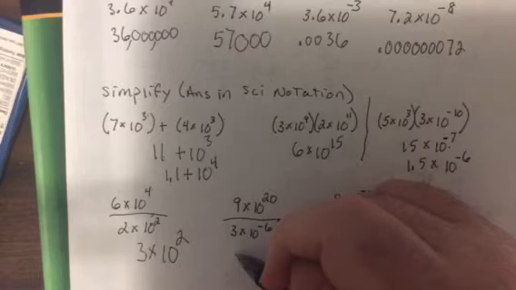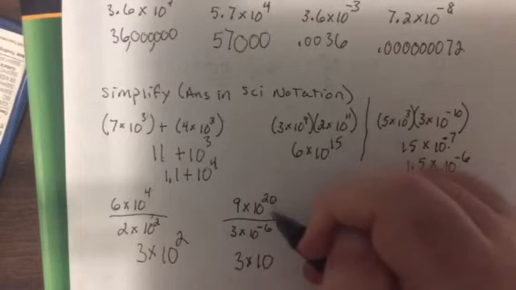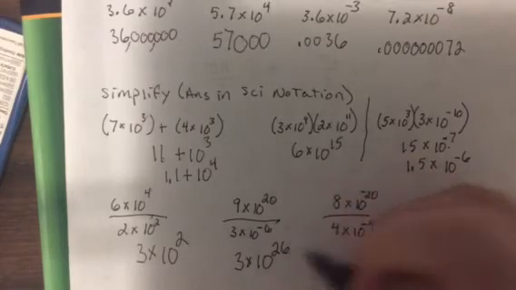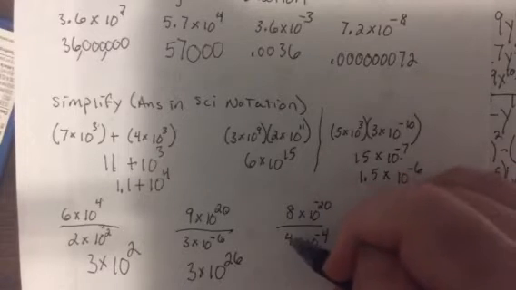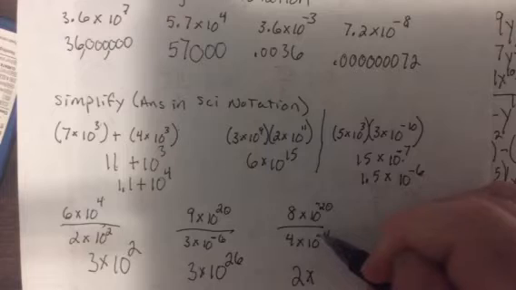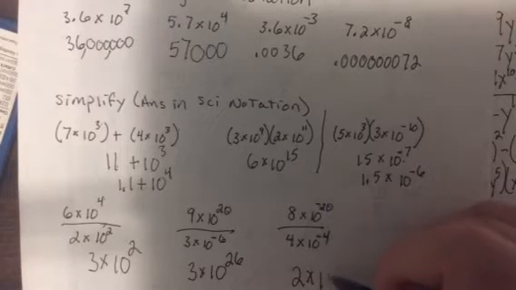So 9 divided by 3 is 3 times 10 to the 20 minus a negative 6 would be 20 plus 6 is 26. 8 divided by 4 is 2. Negative 20 minus a negative 4. Boy, that's tricky. Negative 20 plus 4 is negative 16.